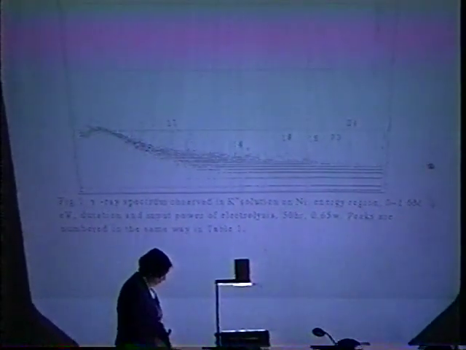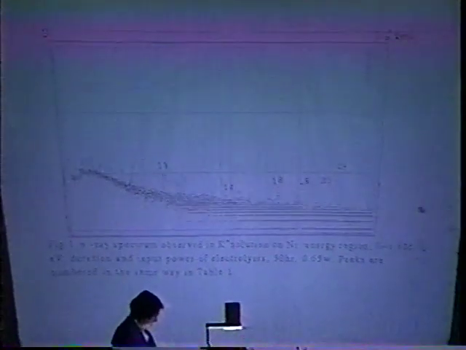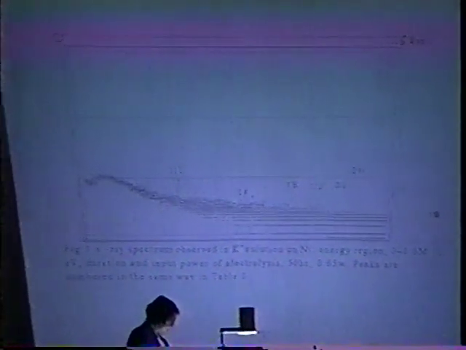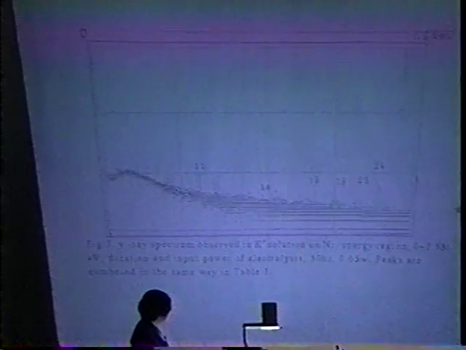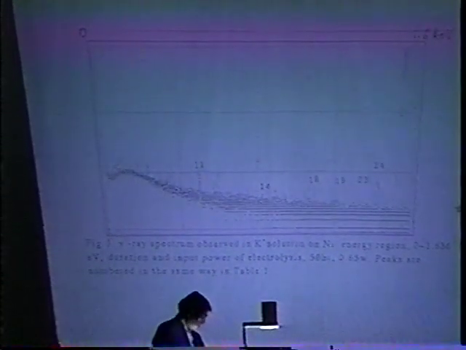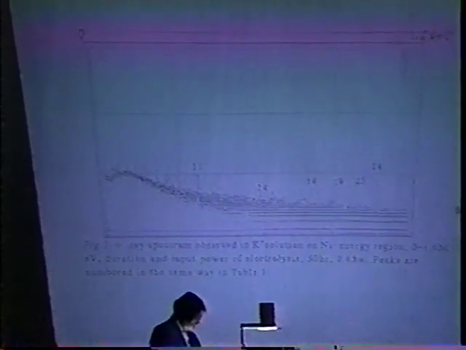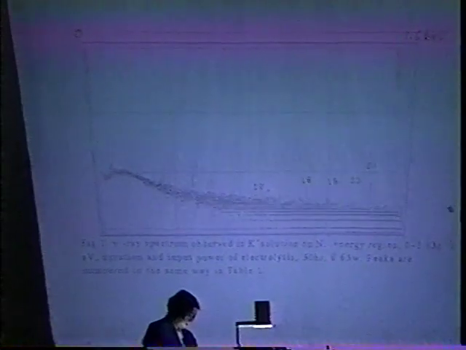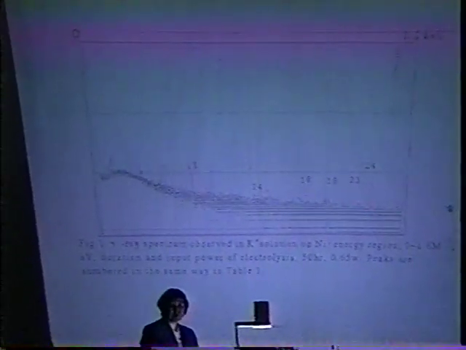We found several peaks due to the intrinsic gamma-ray decay of sodium 22 and 24 in sodium electrolyte and potassium 40.